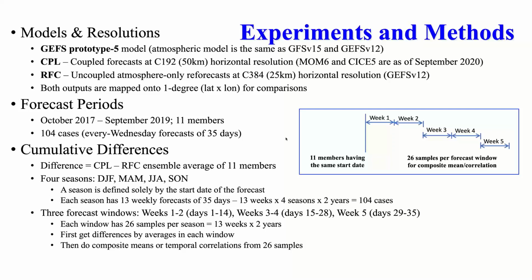So for each season, we see the windows we are interested in: week 1 and 2 as a window, week 3 and 4. For each of these windows we have 26 examples per season. Then we are either going to average the 26 for the seasonal mean differences, or use the 26 time series to do the correlation analysis. Next, please.